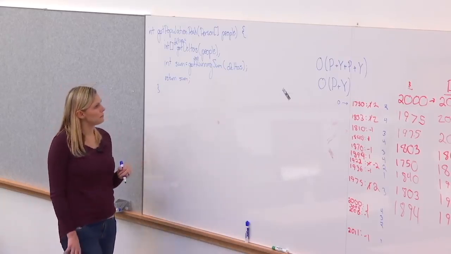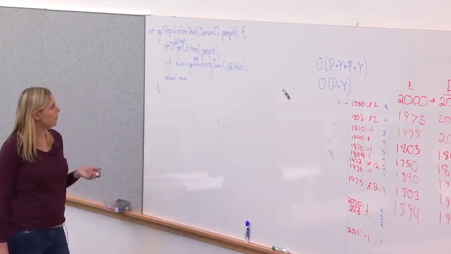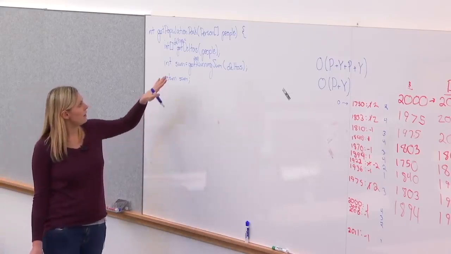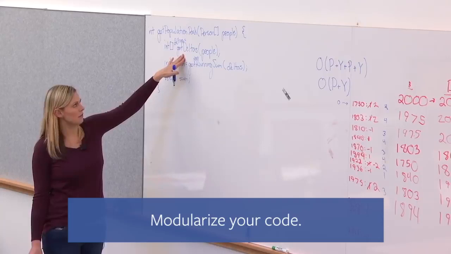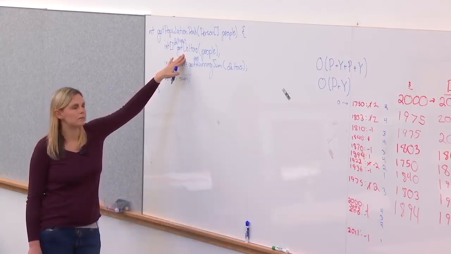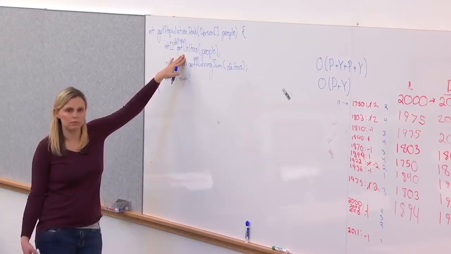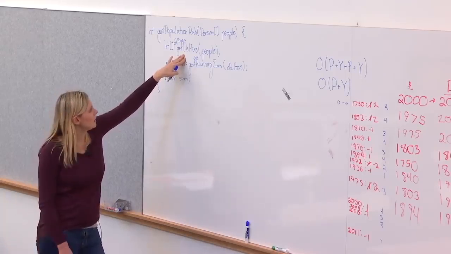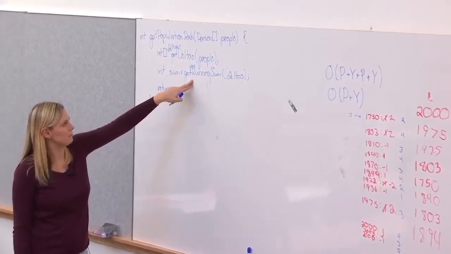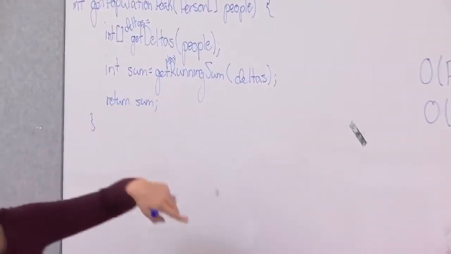So what do I do here? Well, I can do one of two things. I can either have get deltas operate a little differently and get the min birth year and the max death year and return that somehow in some sort of class. Or, after I get the running sum, I can get the offset.